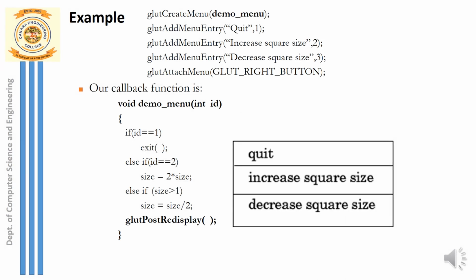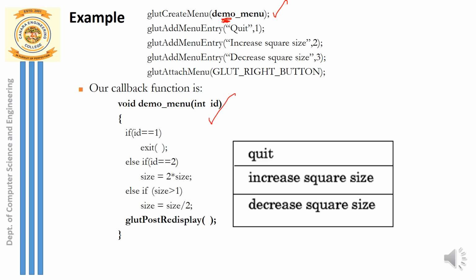Here is an example which you can try out. All the OpenGL functions related to menu are used here. The first one is glutCreateMenu, and here I pass a parameter, and that parameter is a function, demo menu.